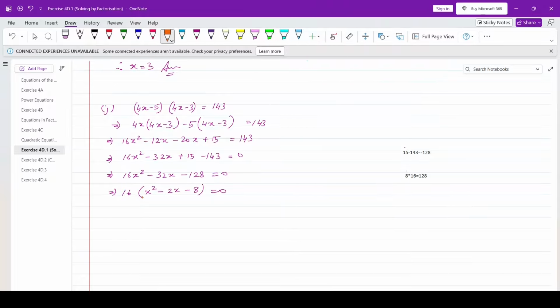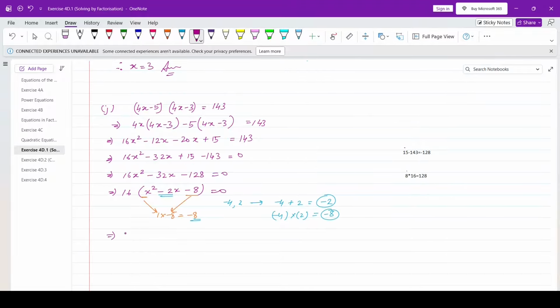Further solving this part, we have 1 from here, -8 from here, and it is -8. And two numbers such that the sum is -2 and product is -8 are -4 and 2. So if we add these two numbers, we get -2, that is equal to this number. And if we take product of these two numbers, that is -8, which is equal to this.